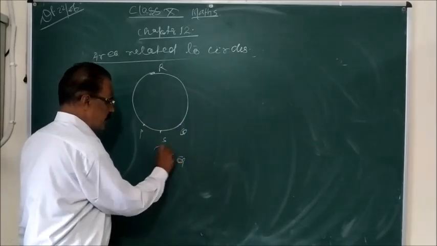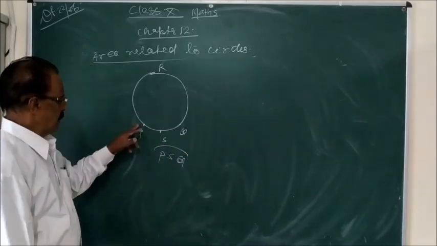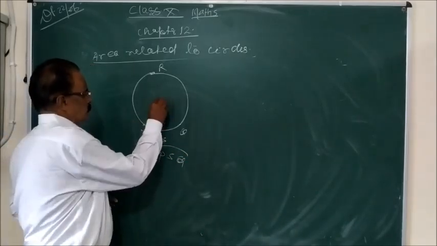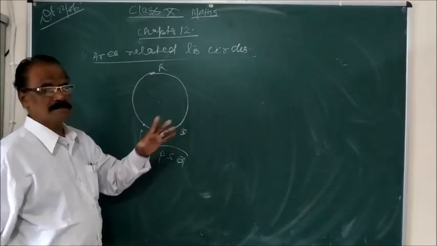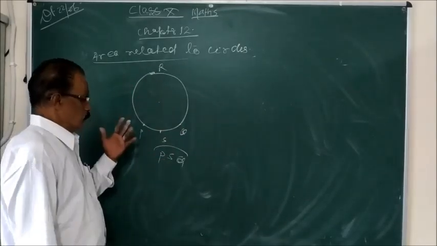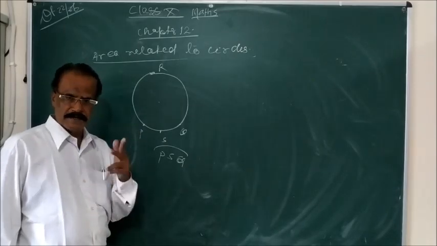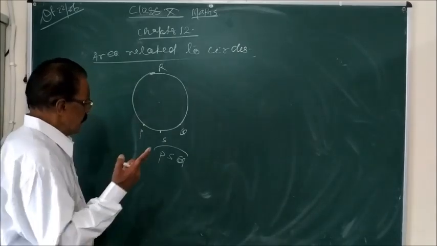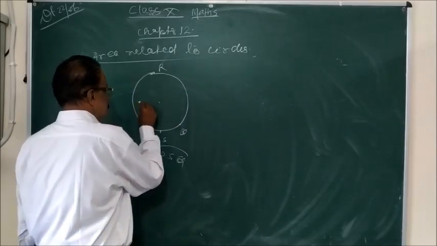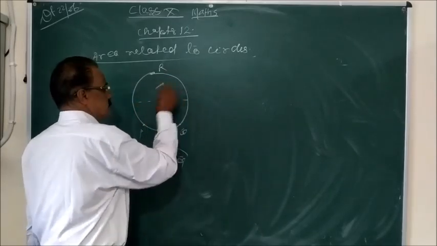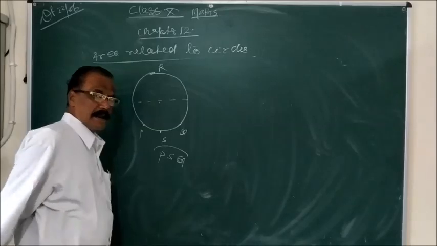PSQ, this is the arc, and this is the symbol, and it is very clear from this figure. This is the minor arc, and this PRQ is the major arc. So what is arc? Any part of a circle is called arc, and this may be minor or major. And if you take diameter, so these two understand, this is a semicircle.